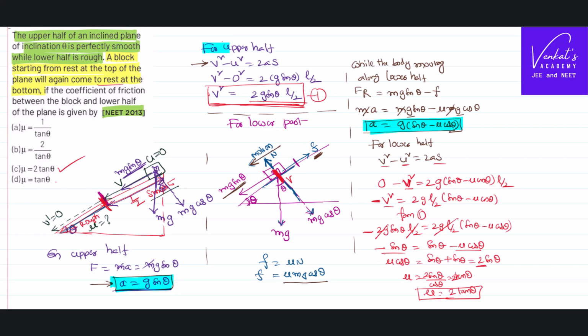For the upper half as well as for the lower half, I have only used the equation v square minus u square equal to 2as. That's the actual part of the problem. I have calculated a in the upper half and a in the lower half, and substituted those values in the given equation so that you got your answer. That's how you have to solve this problem.